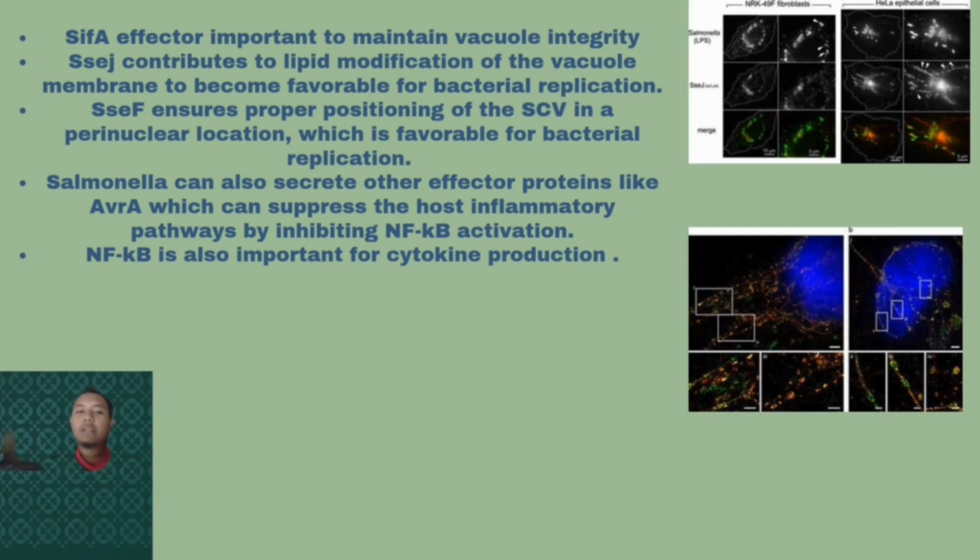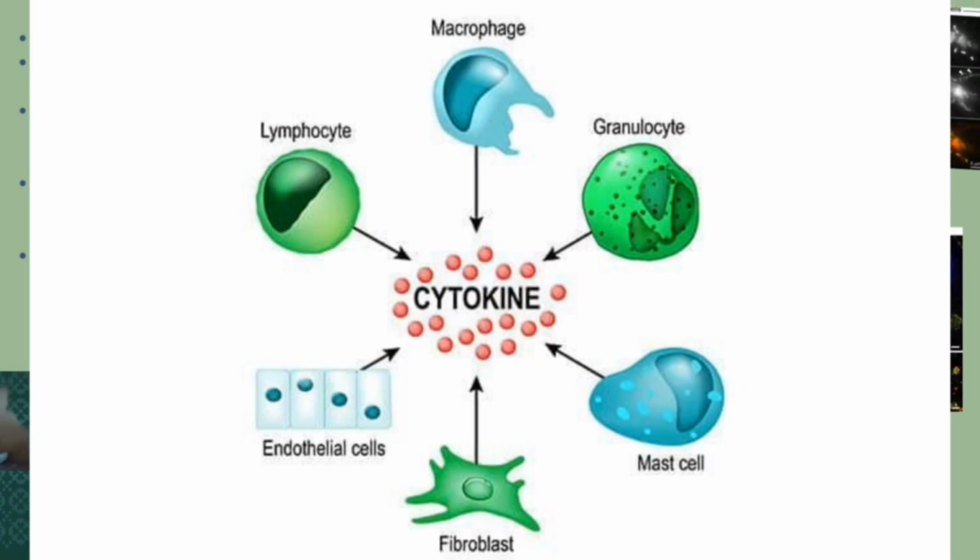Other than that, Salmonella can secrete effector proteins called AvrA. AvrA can suppress host inflammatory pathways by inhibiting NF-kB activation. NF-kB is an important protein for cytokine production.